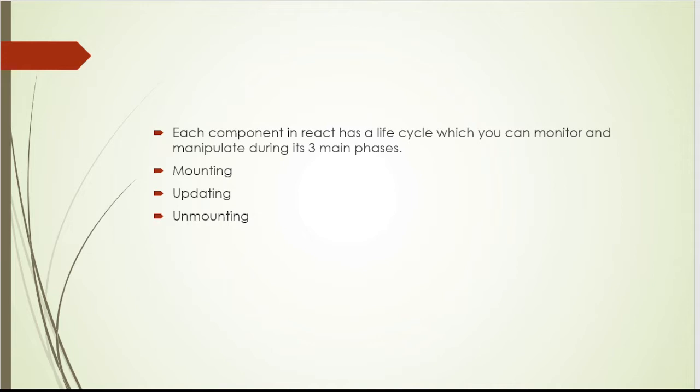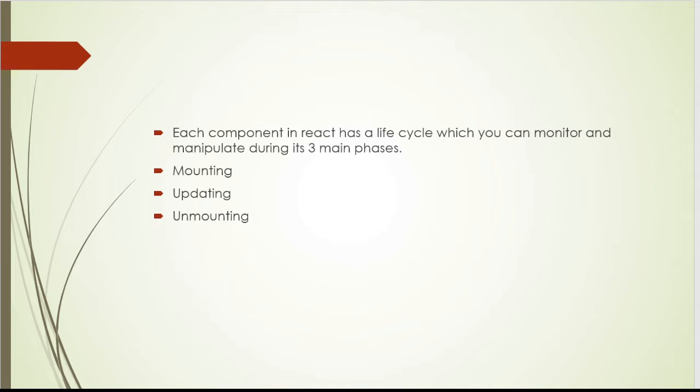After that, we remove some of the products, which is unmounting. After removing some products and selecting the best of them, we proceed to buying. That is updating. The online process is all components, and those are the life cycle phases.